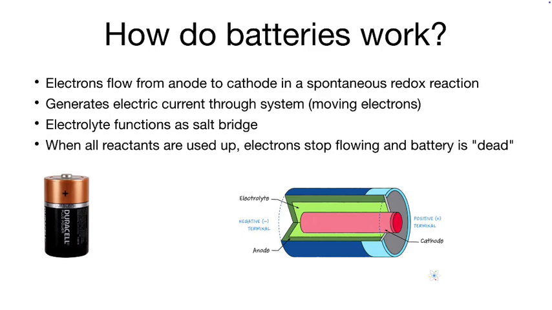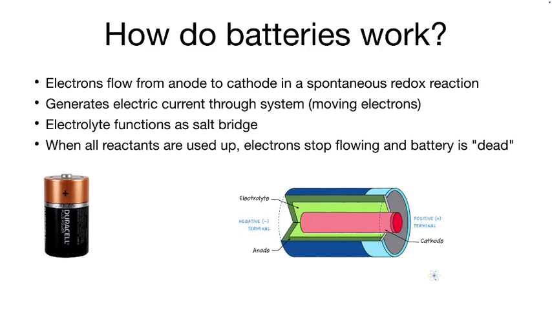So, how do our batteries work? They flow from your anode to your cathode in a spontaneous redox reaction. Okay, what's happening at the anode? Oxidation. Okay, how do we know it's oxidation? Thank you for mouthing it.